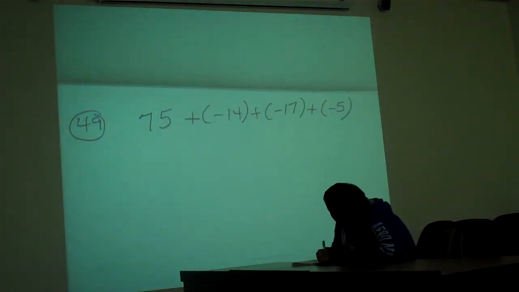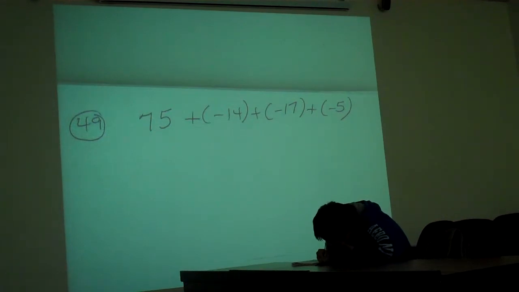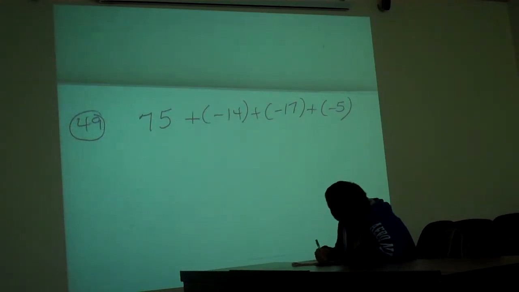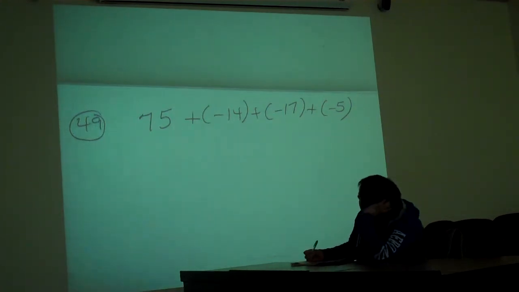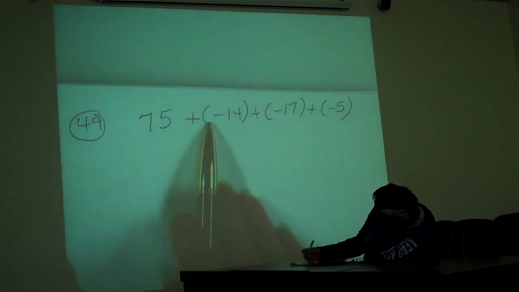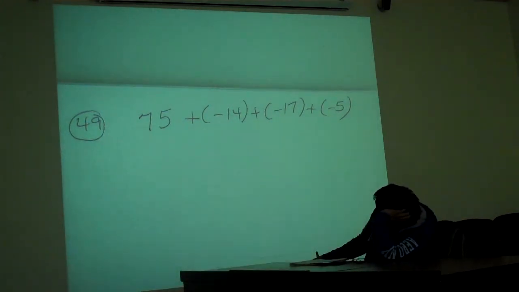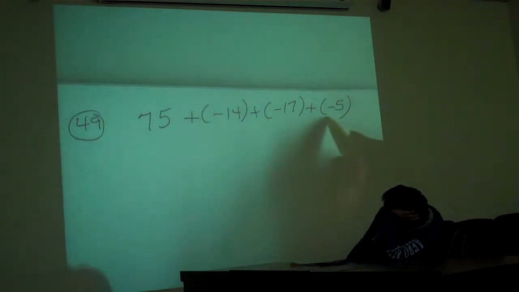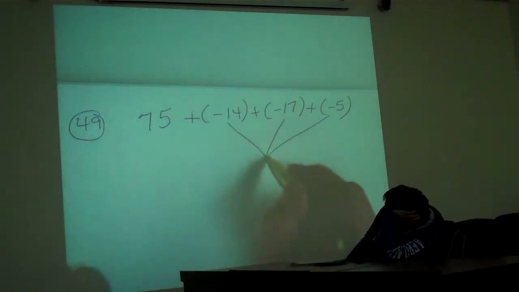You've got three of them that are negatives, right? If you had $75 in your pocket, and you had a bill for 14, a bill for 17, and a bill for 5, would you subtract one bill, then subtract the next bill, and subtract the next bill? Probably not. You would add all those bills up and see how much you owe all together.